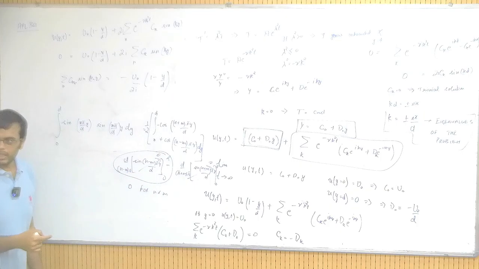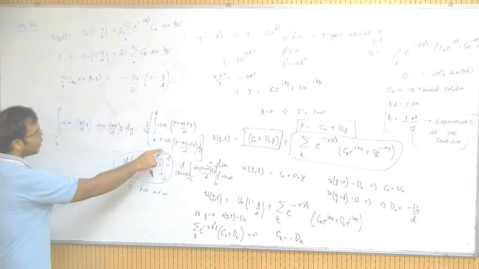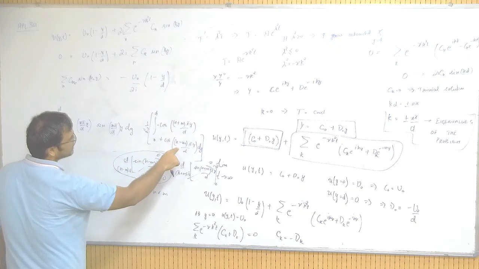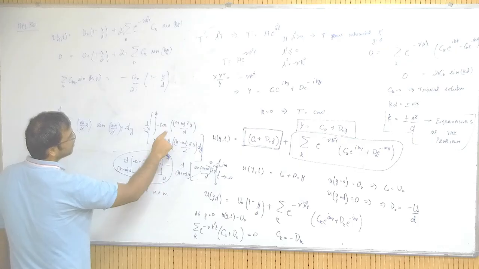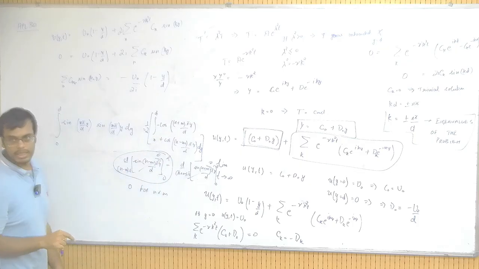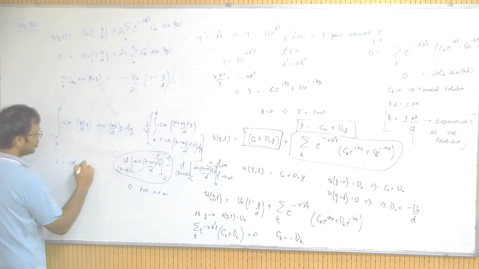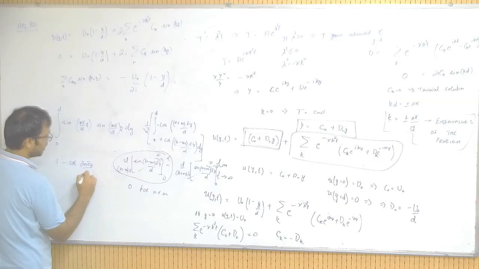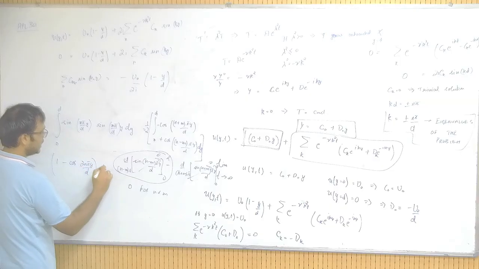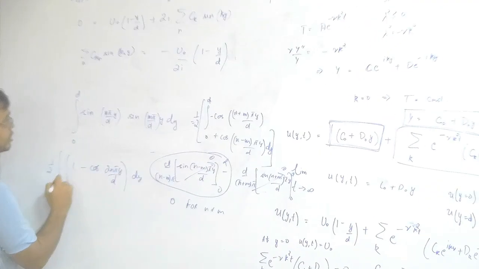If you put n equals m directly, you will get a 0 by 0 form. So you have to evaluate it in the limit of n tends to m, or you can just substitute n equals m here. You will get half times the integral from 0 to d of 1 minus cos 2n pi y by d dy.